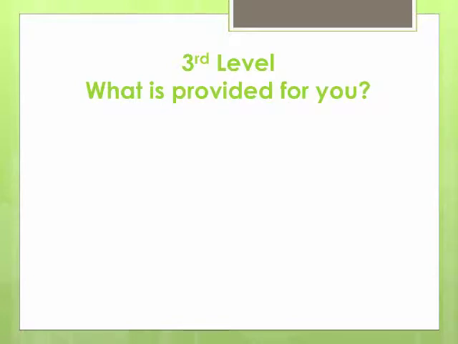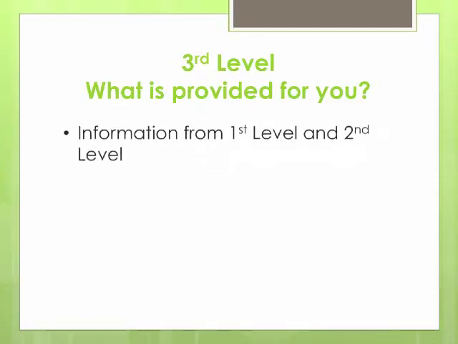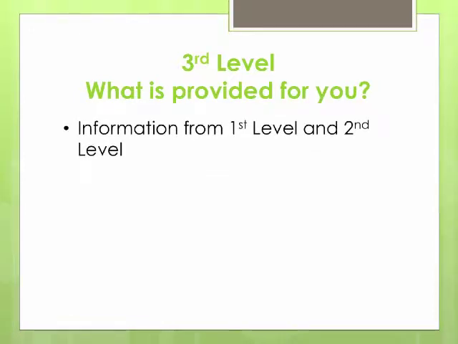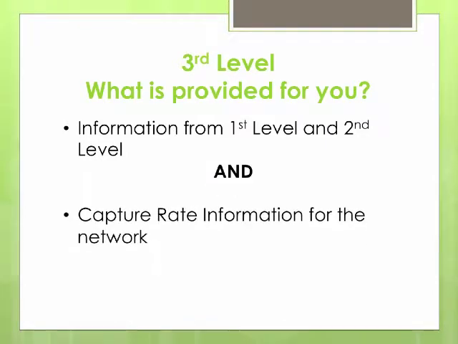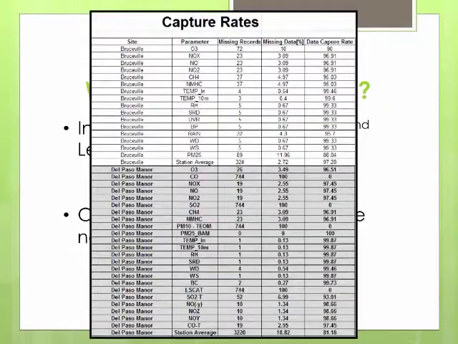So for the 3rd level, what's provided for you? All the information that you got from level 1 and level 2. Capture rate information, and that's how it looks. We provided capture rate information for all of the sites in the network because as a level 3 manager, you're looking at the network. But you see that there's a gray version where we would like you to focus.